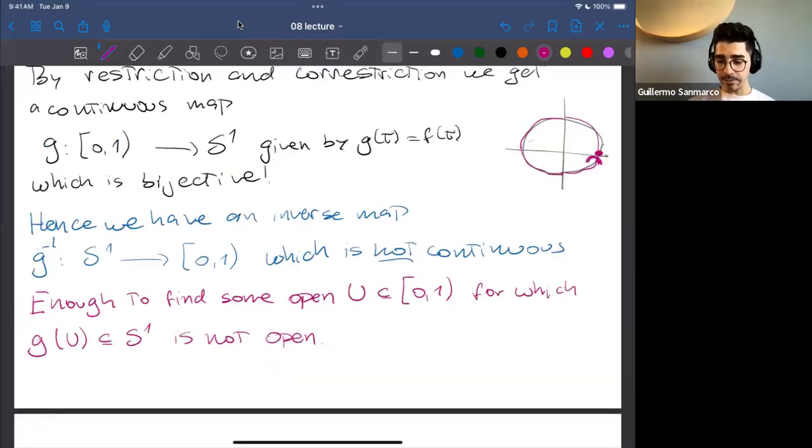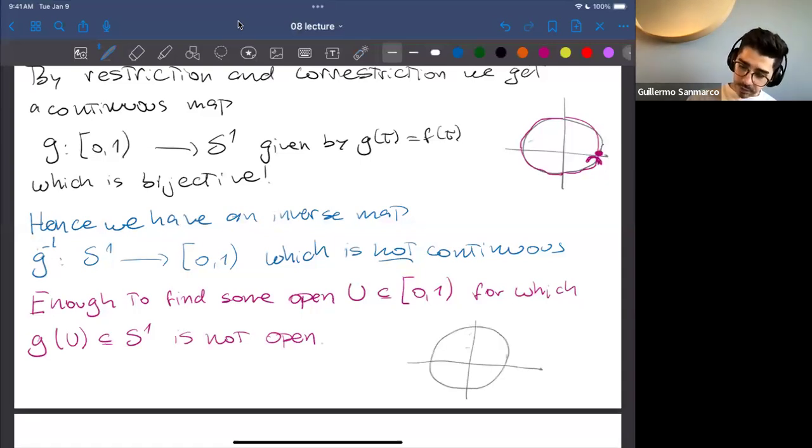And the idea here, looking at this again, is not that complicated. Let's take, again, our unit circle. Our function is doing this, starting from 0 here at time equals 0. You start traveling through the circle, and at time 1, you're at the beginning.